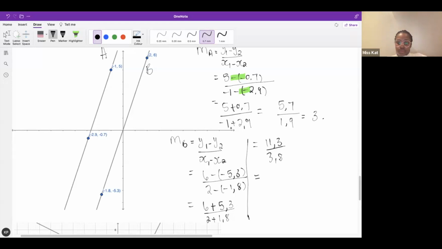Ma'am, it will be a fraction. Should I put it as a fraction or should I make it a decimal? Let's say 11.3 divided by 3.8 and tell me what answer you get. Okay, let me see. I'm also going to do it. 0.3.